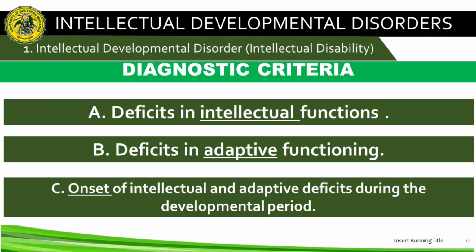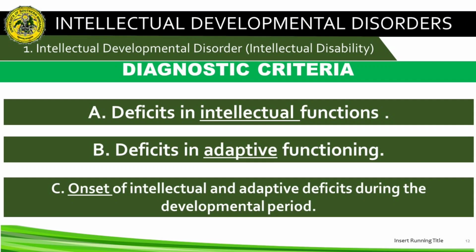So, impairment in criterion B, impairment in everyday adaptive functioning of individuals' age, gender, and socioculturally matched peers. Deficits in adaptive functioning refers to how well a person meets community standards of personal independence and social responsibility.